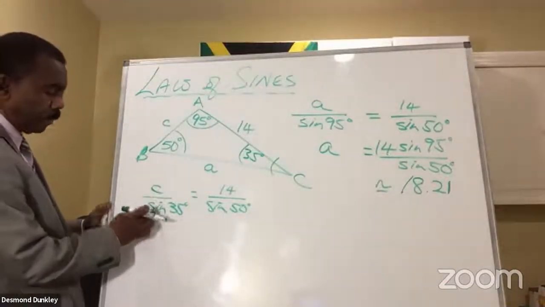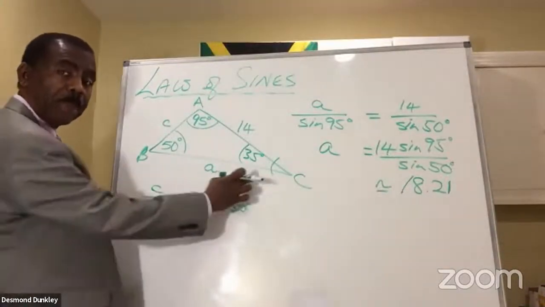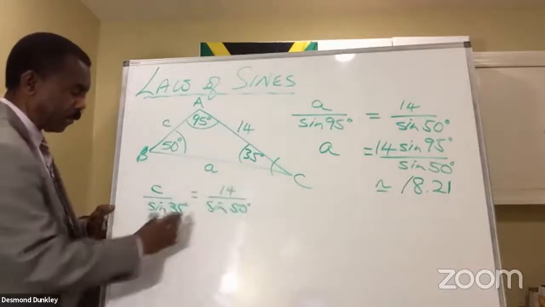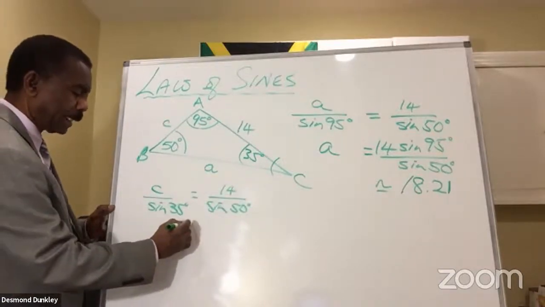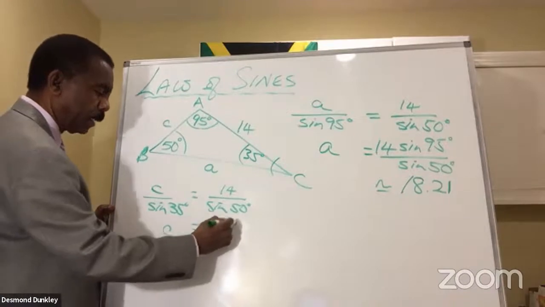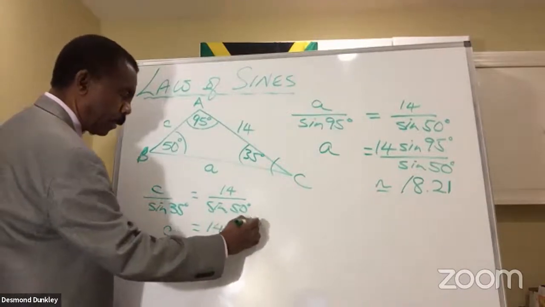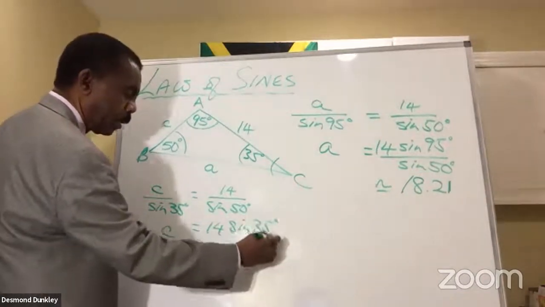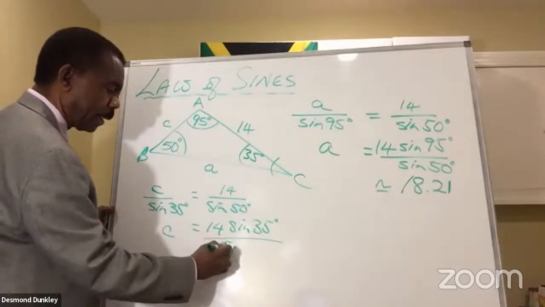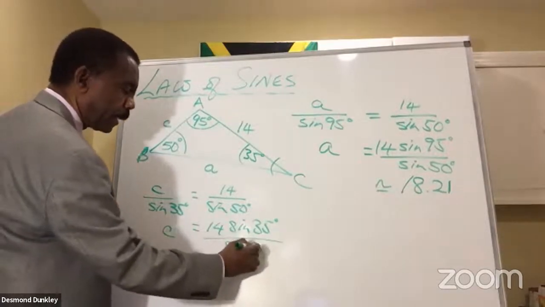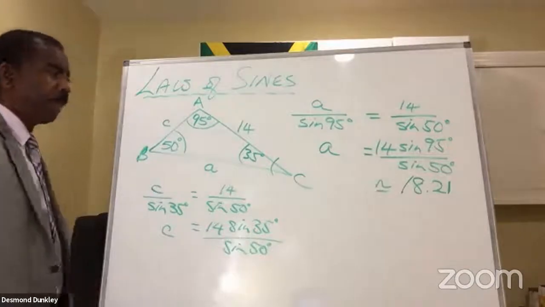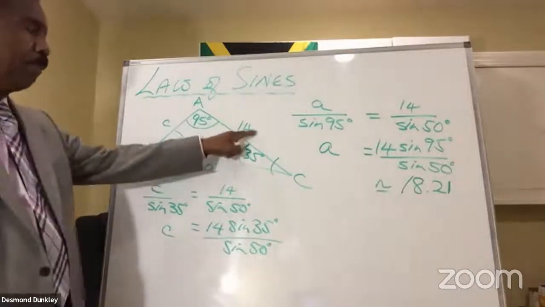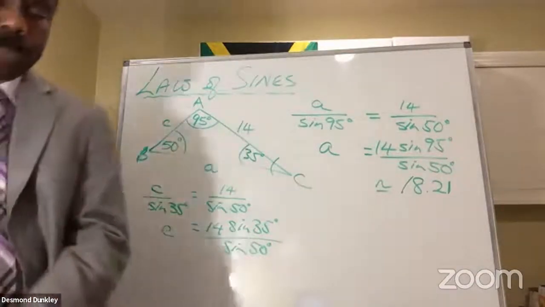Get rid of the sine 35 by multiplying both sides by sine 35. We end up with side C equal to 14 sine 35 degrees, all over sine 50 degrees. And remember, we must get an answer that's smaller than 14.